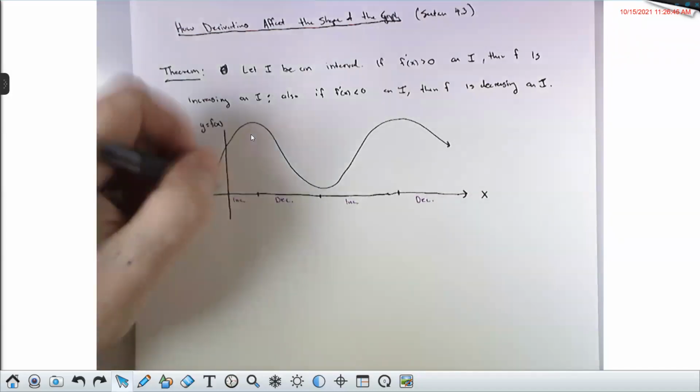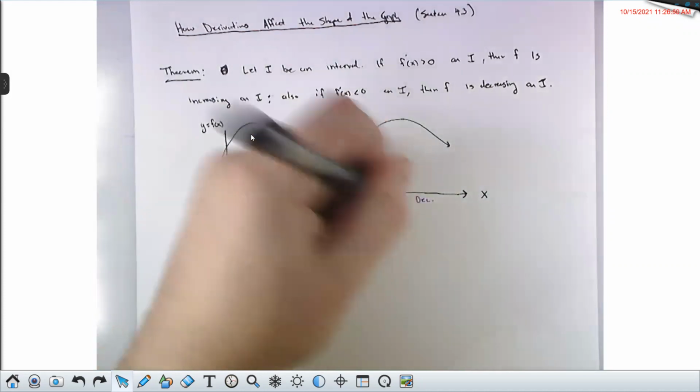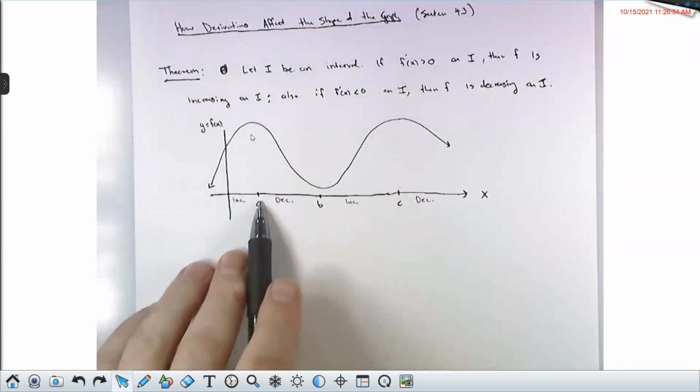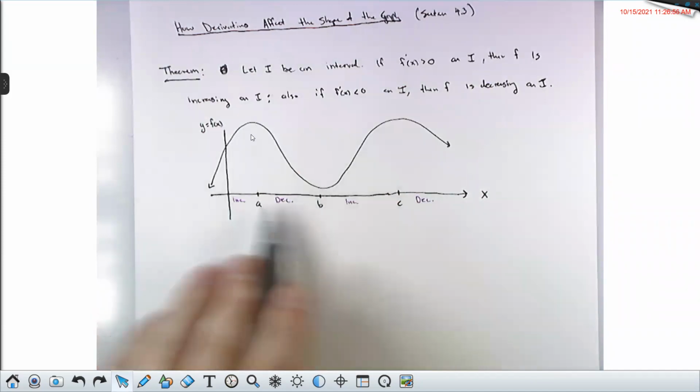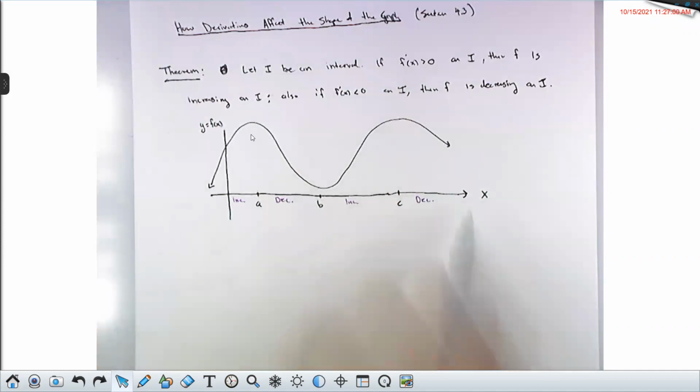If I call those numbers A, B, and C, we are increasing from negative infinity up to A. We're decreasing from A to B. We're increasing from B to C and decreasing from C to infinity.